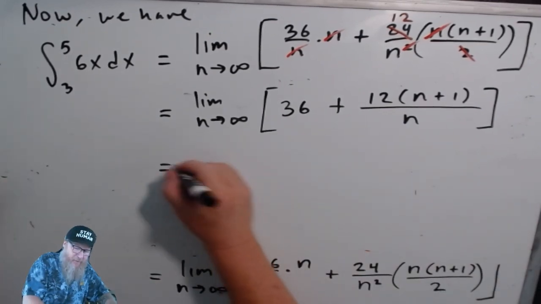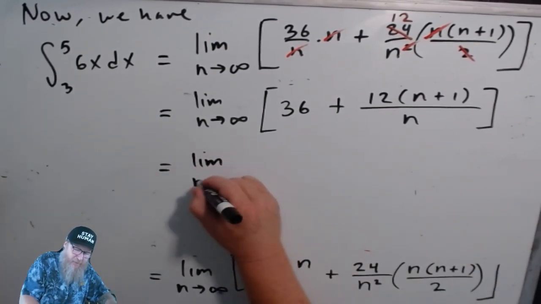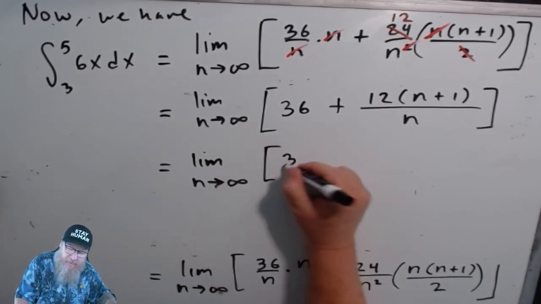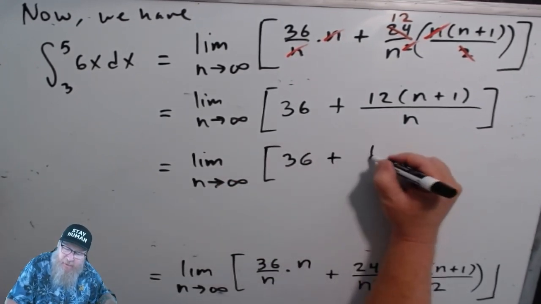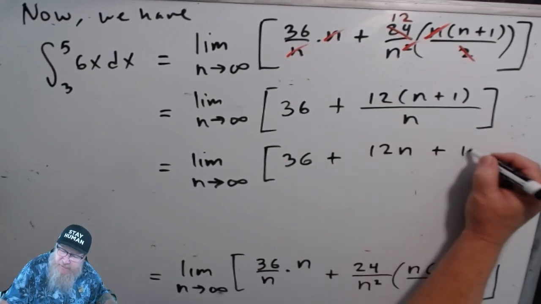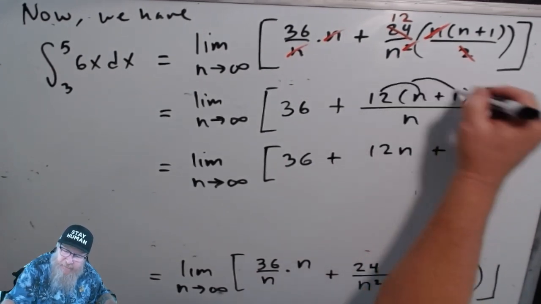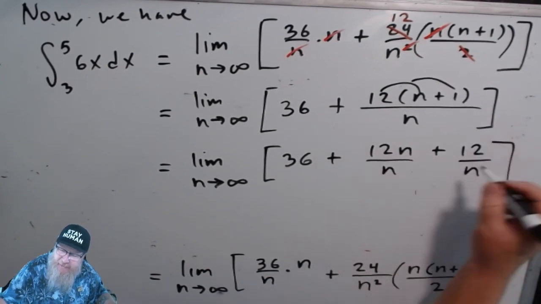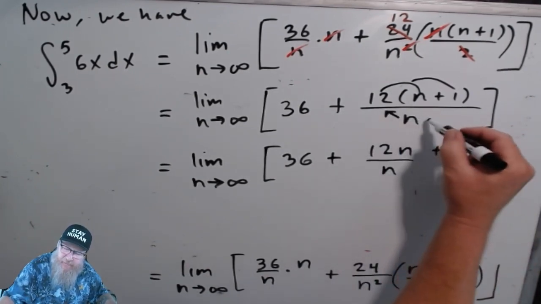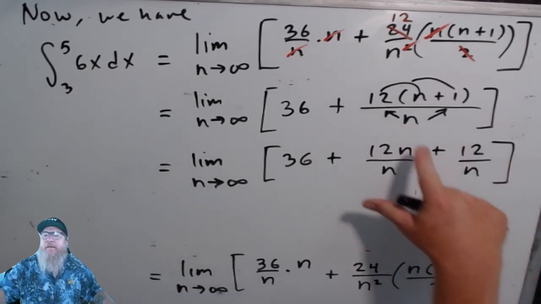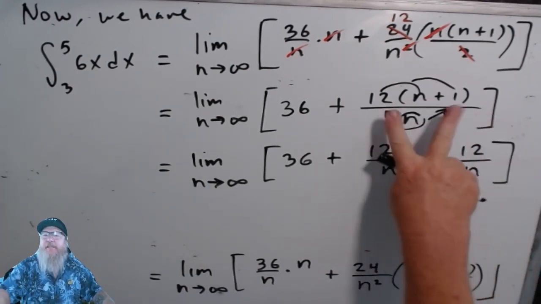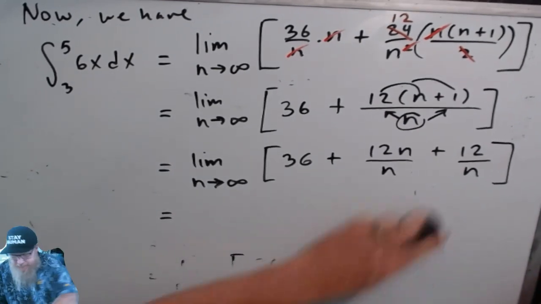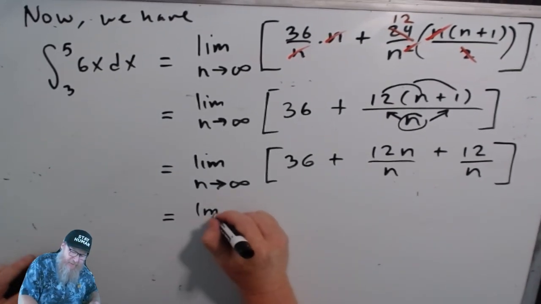Hang in there. We're almost there. Don't do the limit till the very end. 36 plus 12n plus 12. Divide each of these by n. So the n in the denominator gets split into two terms here. You get the limit.